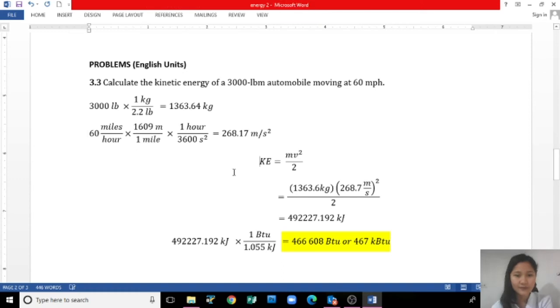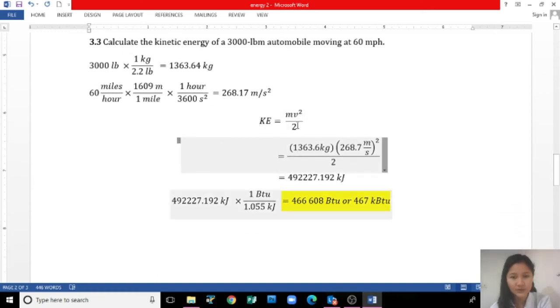Now that we already have the needed data, we just have to proceed to calculating the kinetic energy. The formula for finding the kinetic energy is equal to mass times velocity squared divided by 2. Substituting all the given into the equation, the kinetic energy is equal to 492,227.192 kilojoules.